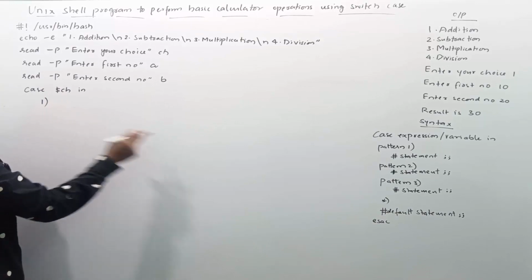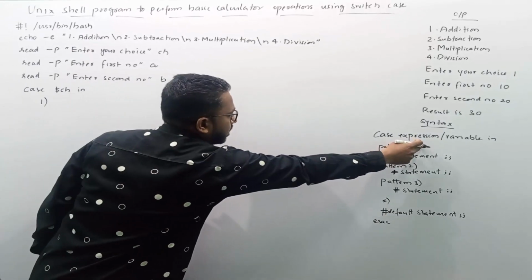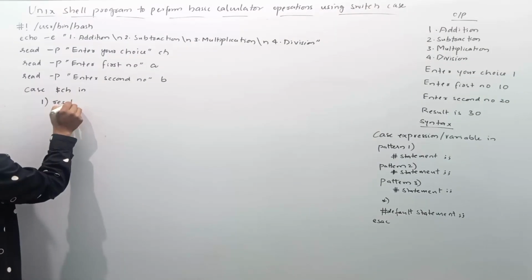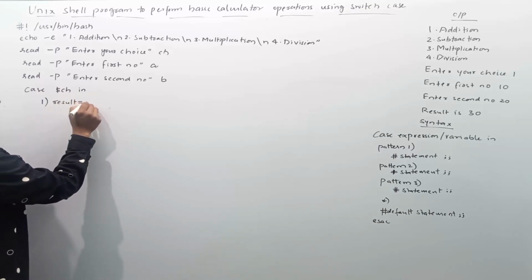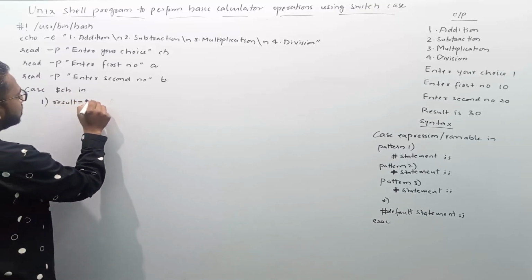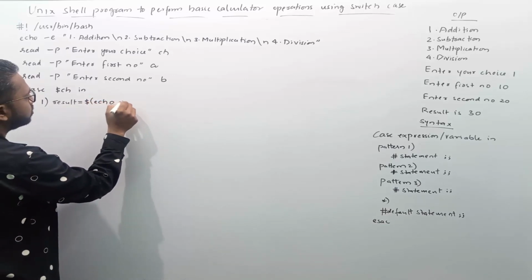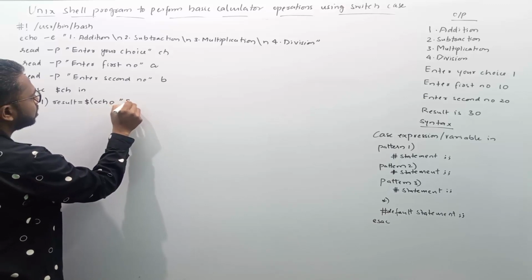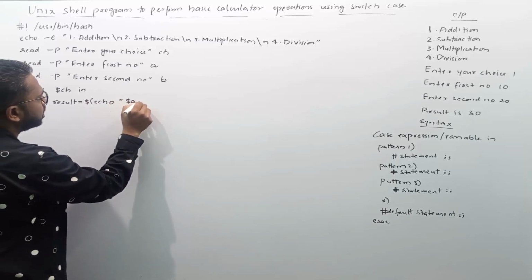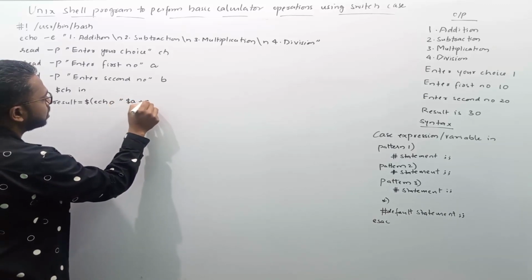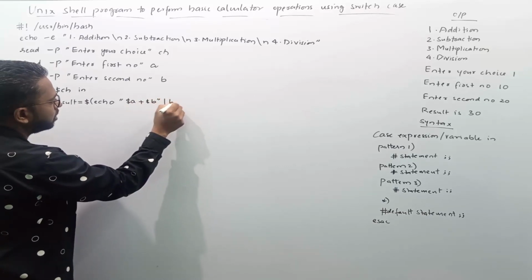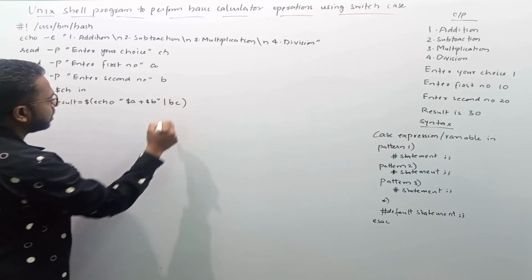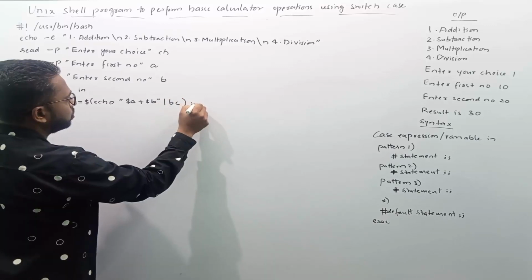Result is equals to dollar open bracket echo space double quote $a plus $b double quote close pipe bc bracket close, then 2 semicolon.